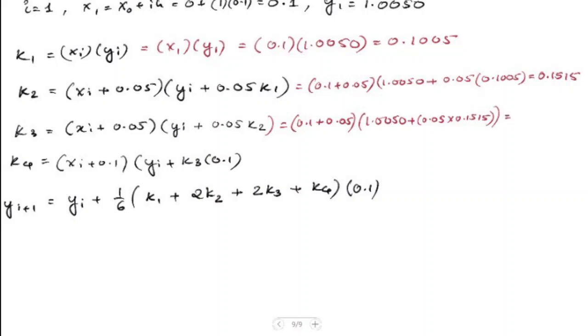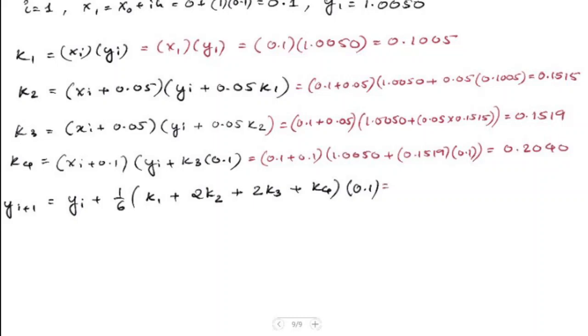This gives us the value 0.1519. Now calculating k4, we have again x1 is 0.1 plus 0.1 times y1, which is 1.0050 plus, we have the k3 times, so k3 we just calculated was 0.1519 times 0.1 here, and this gives us the value 0.2040.